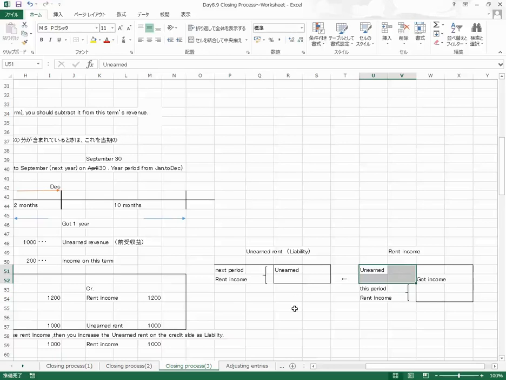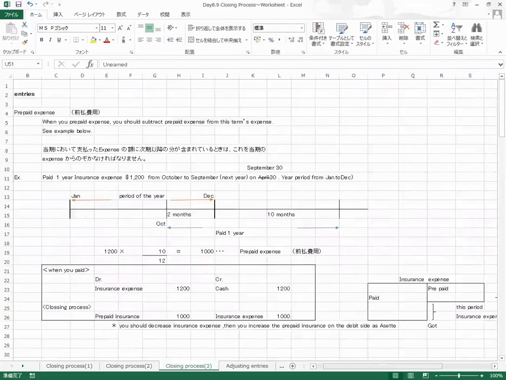And teacher Midori, Arya-kun has a question. He asked that prepaid is like advance. Arya-kun, do you mean the prepaid expense? You mean advance is the paid advance?